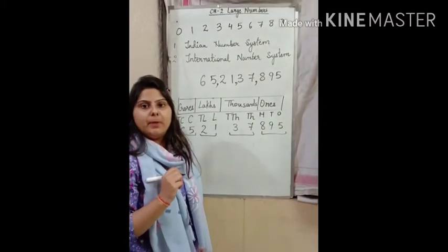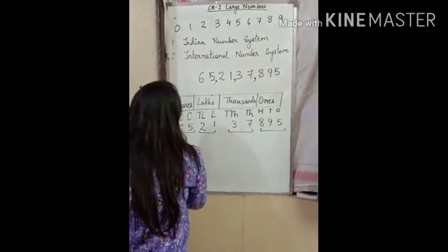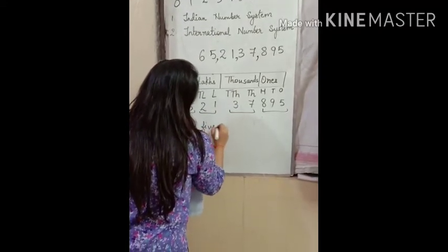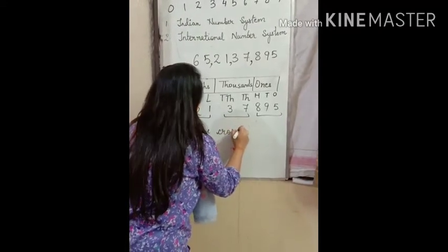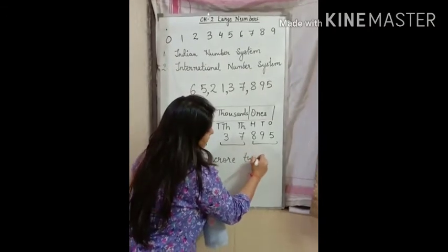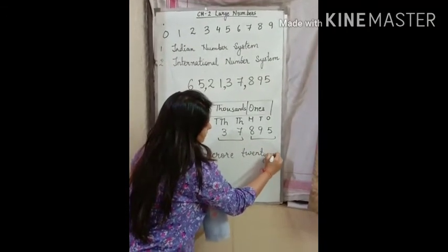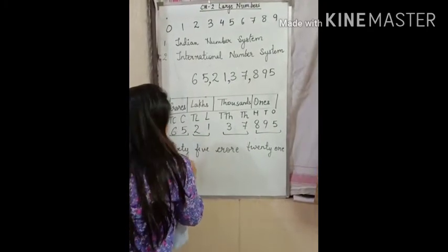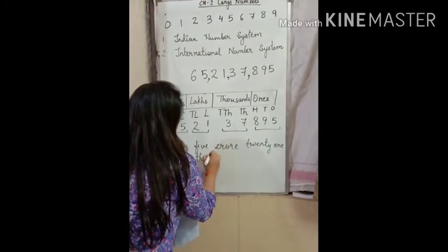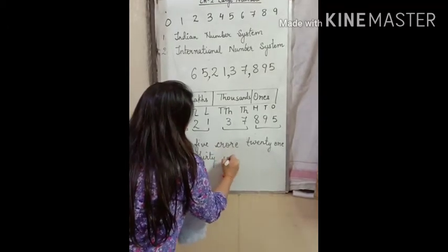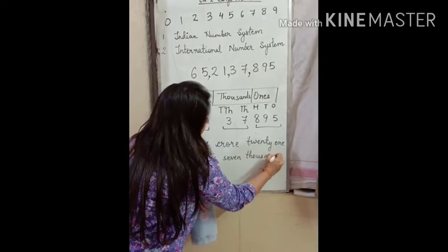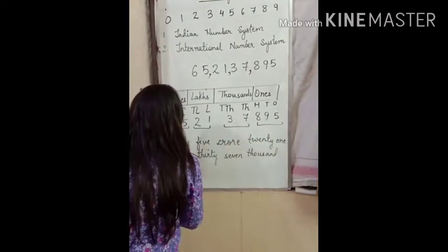Now I want everybody to repeat with me. 65 crores, 21 lakh, 37,895.